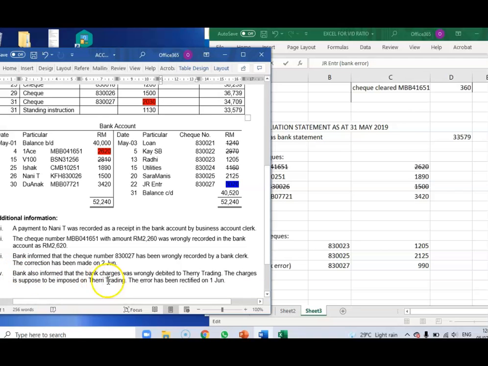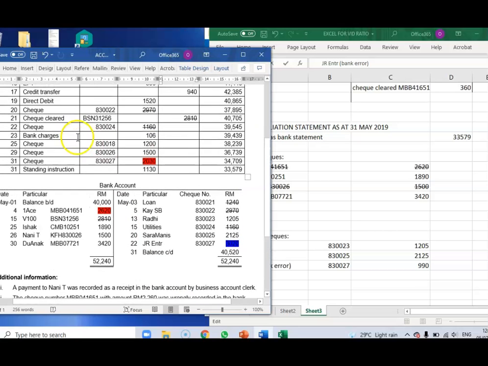Okay, so it says here the charges. So we can say that, look, bank charges is actually on the 23 on the bank statement. We do not have it in our bank account because this particular transaction has been mistakenly recorded by the bank.